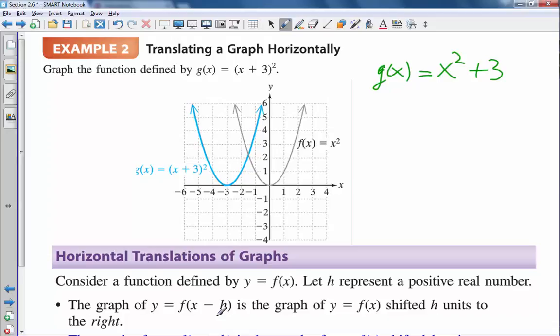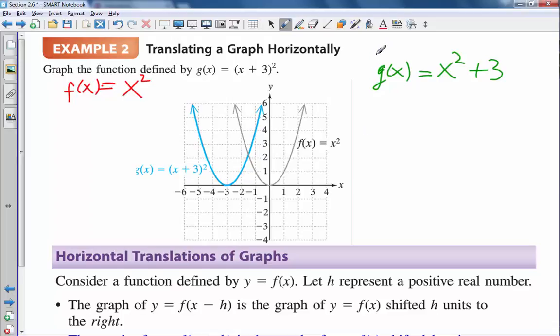What is the parent function here? This one is deformed from a parent function, which is x squared. They both emerged from the same mother function, x squared. Somebody only added 3 to the entire function.